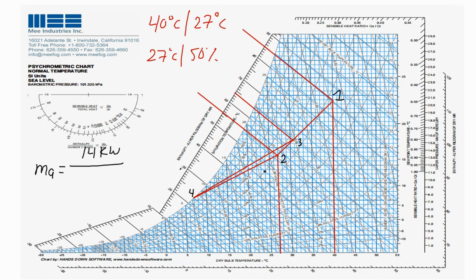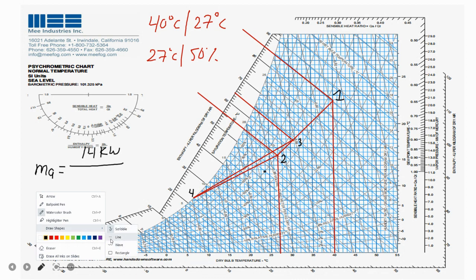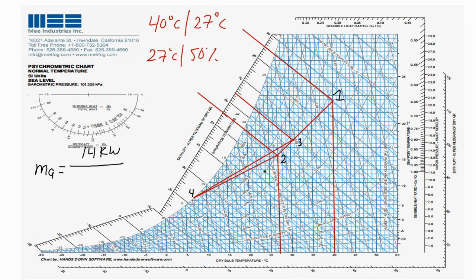So from point 2 we have to calculate sensible heat gain and latent heat gain. So how do we calculate this? We draw a straight line from this point, and let us see where it strikes.